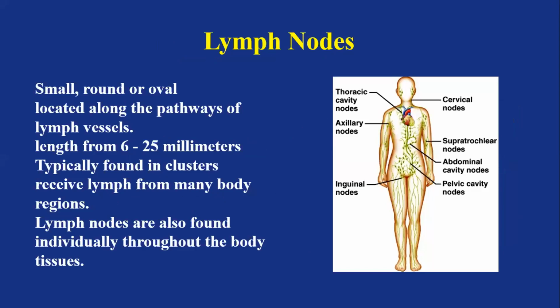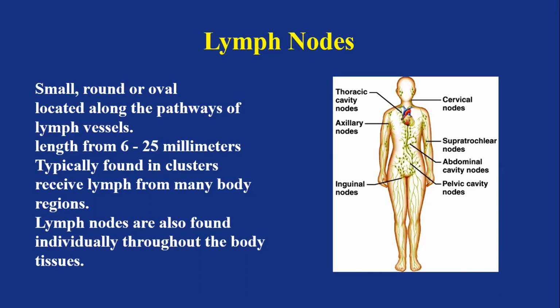So what are lymph nodes? They are small round or oval shaped structures, and there are around 600 to 700 lymph nodes in our body. Their length is between 6 to 25 millimeters, and they are typically found in clusters. You can see in the picture, the main function of lymph nodes is to receive lymph from many body regions.